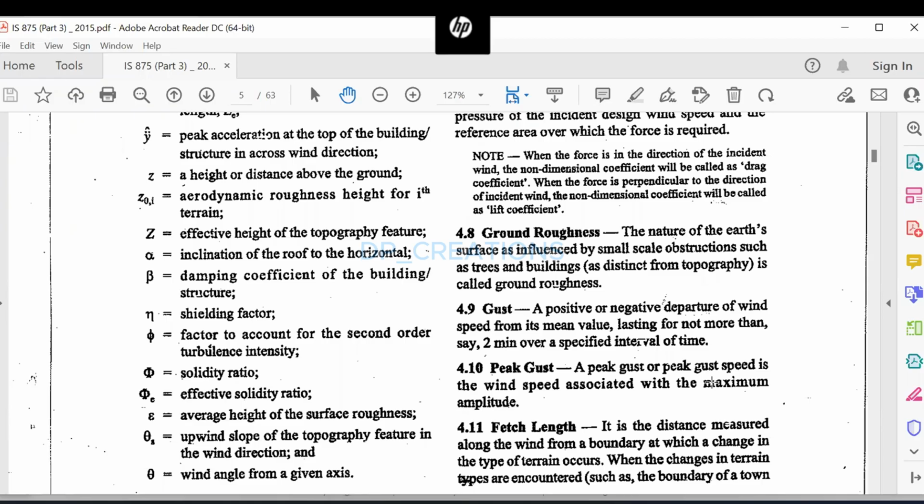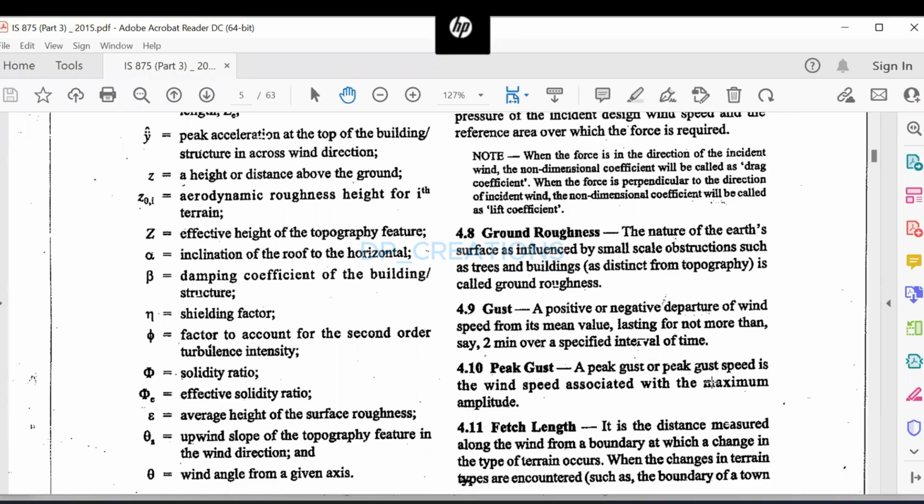For example, you may have felt suddenly some extra wind during a cyclone or heavy wind, when normal wind flow is there, and suddenly you get some extra thrust. That comes as a gust. Understood? When you are in open space, normally some wind is flowing that you feel, but sometimes you feel some extra force. That is your gust.